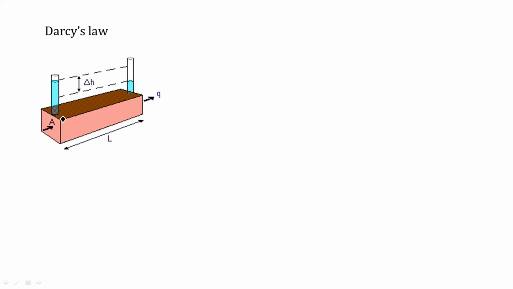Suppose this is point 1 and point 2, and we know between two points, if there is a head difference, then water starts moving from high head to low head. So here water will flow from point 1 to 2 with some velocity, and regarding this velocity there is a law given by Darcy which says that this discharge velocity is directly proportional to the hydraulic gradient.